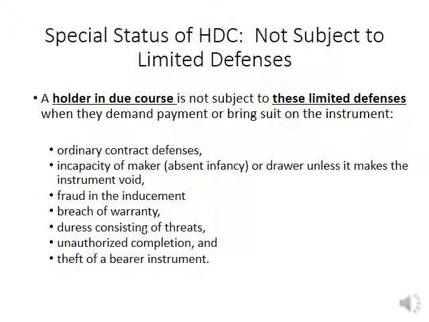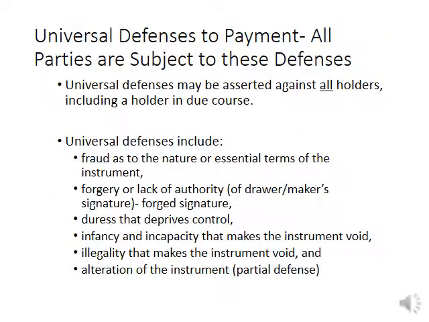It would not work against a holder in due course, but it would work against a holder and assignee. Fraud in the inducement, breach of warranty, duress consisting of threats, unauthorized completion, and theft of a bearer instrument are also limited defenses.